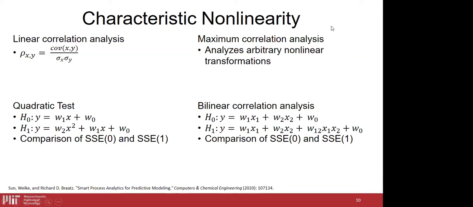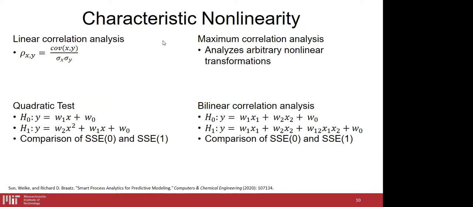And then for the other tests, those are basically tests for different types of nonlinearity. We do have the quadratic test and the bilinear correlation analysis, which are both formulated as hypothesis tests. For the quadratic test, my null hypothesis is that I have a linear relationship, and my alternative hypothesis is that I have a quadratic relationship.